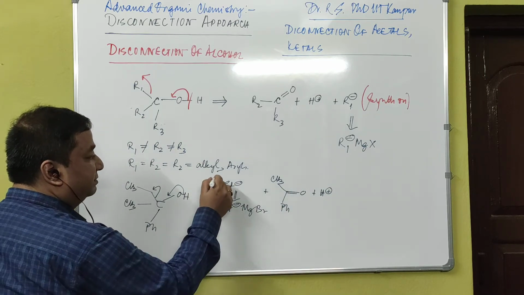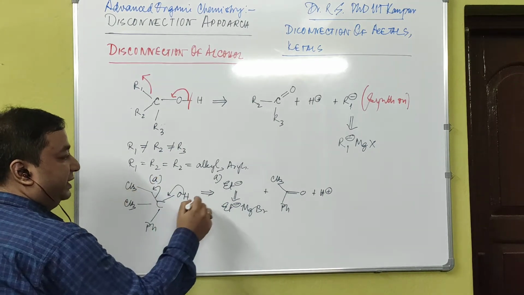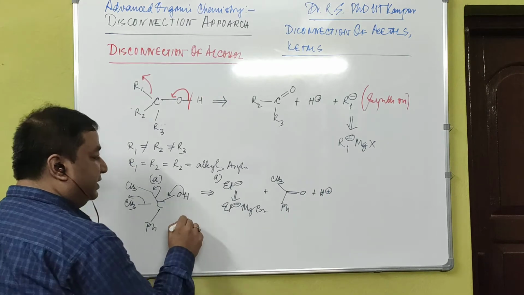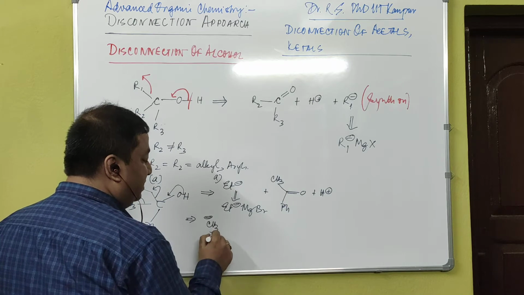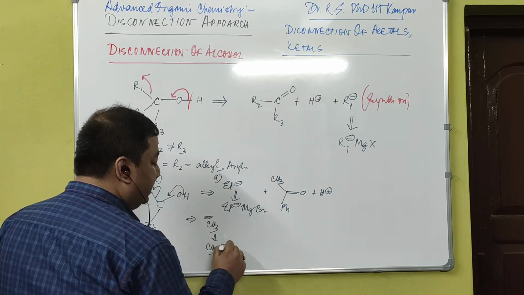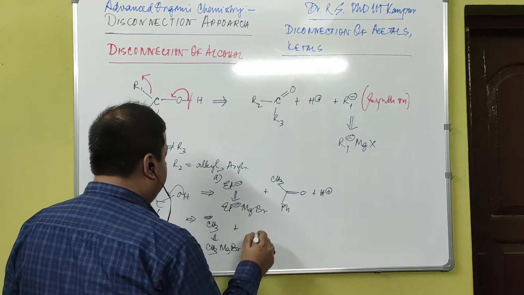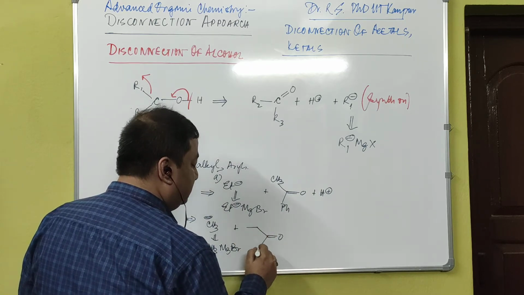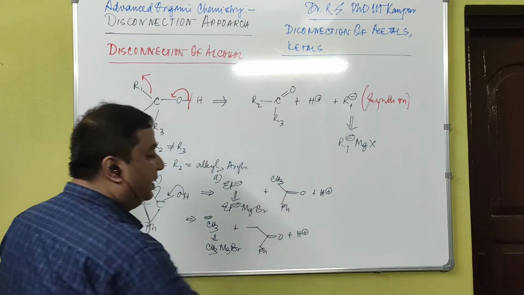What is the other possibility? So this is my A pathway, say suppose. Now if I take away the methyl, then what can I get over here? I will get CH3 minus, and the reagent will be CH3MgBr, and along with that I will have something like this as the ketone, and then you have H plus.